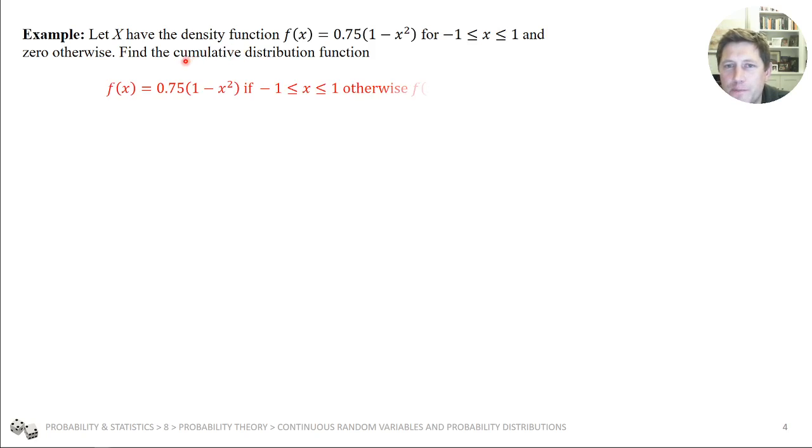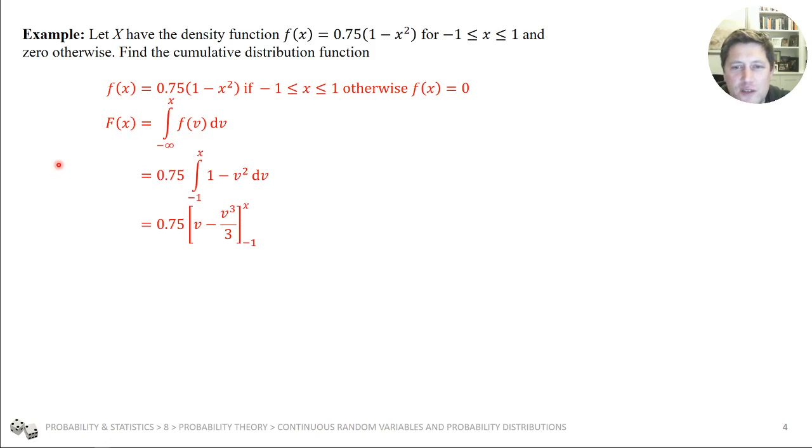So here we have a probability density function, fx, which is equal to 0.75 times 1 minus x squared. And that's the definition within the interval x is minus 1 to 1. Otherwise, the density function is equal to 0. So we know the cumulative distribution function is equal to the integral of that from minus infinity to x. And so we can integrate our density function. That's straightforward.